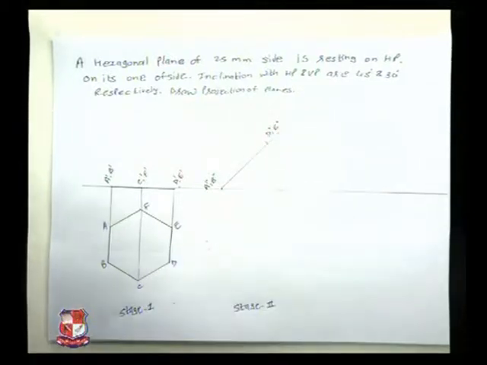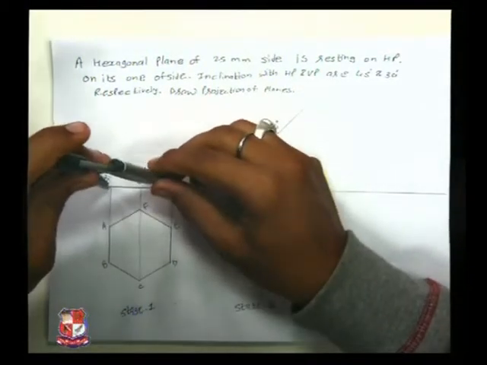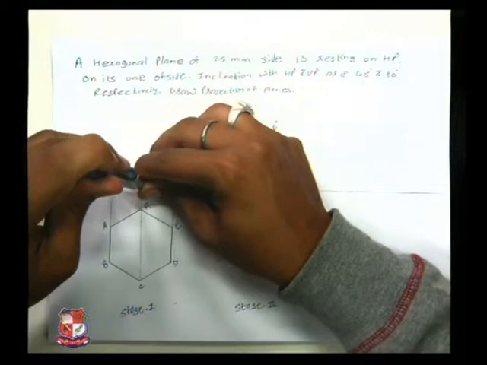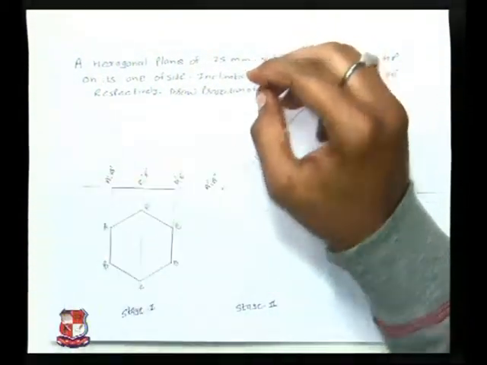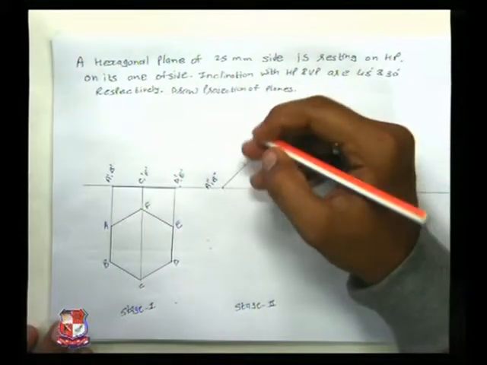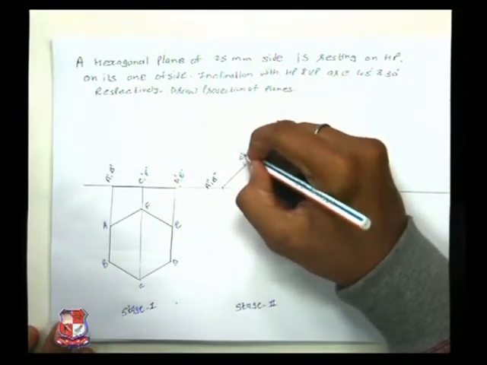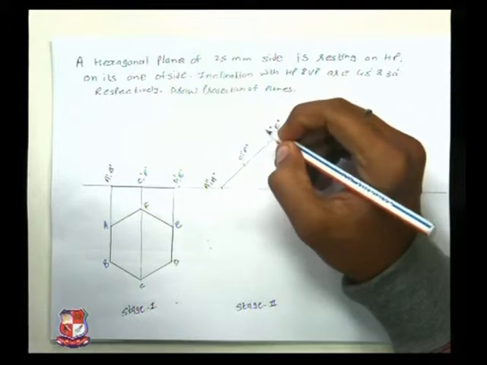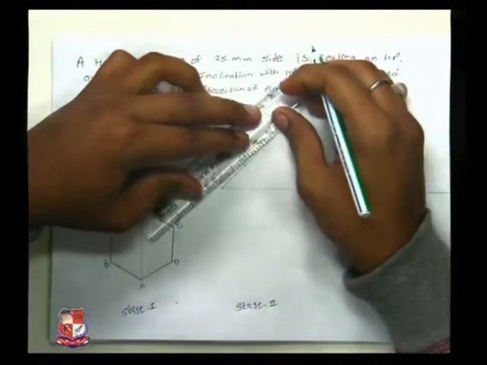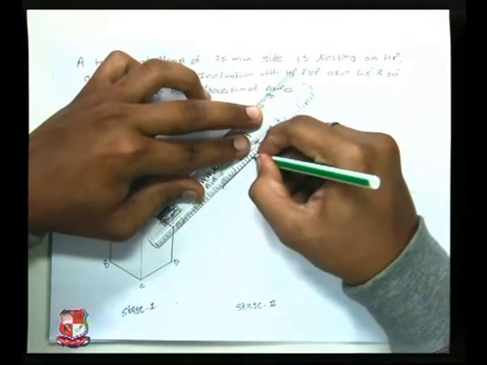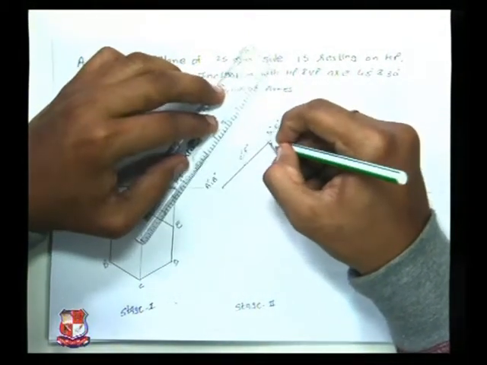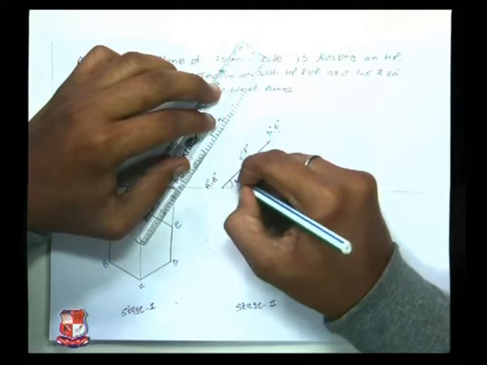Now we need to trace this C and F. So taking A dash to C dash, mark another arc. We have got C double dash, F double dash, traced at 45 degrees. I have done nothing, I have just rotated that line to 45 degrees.